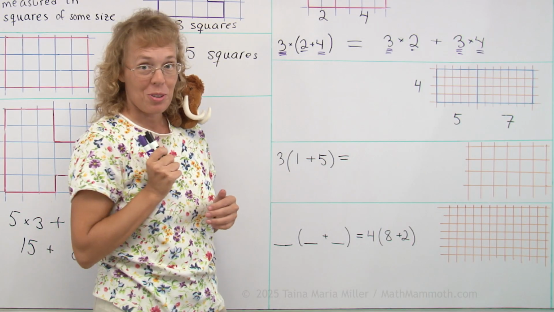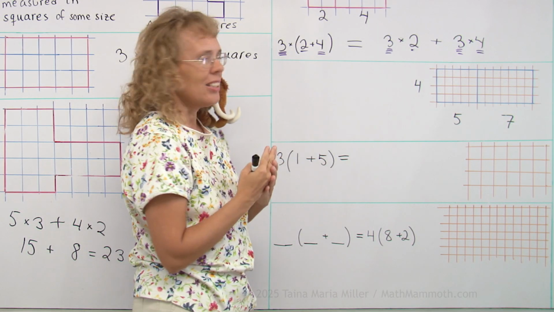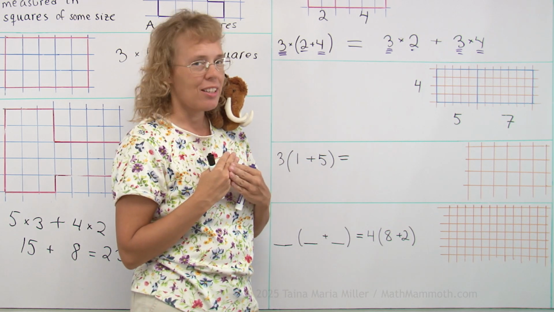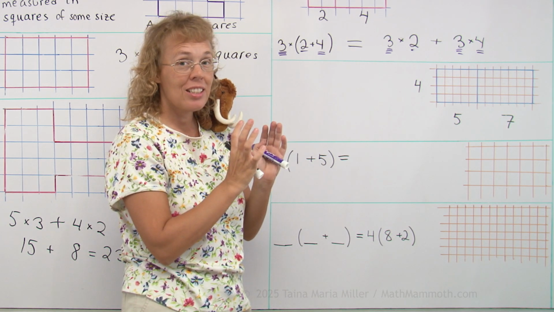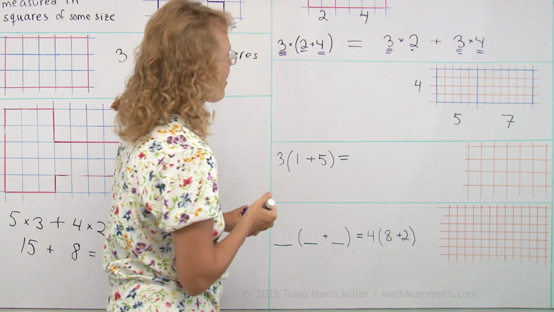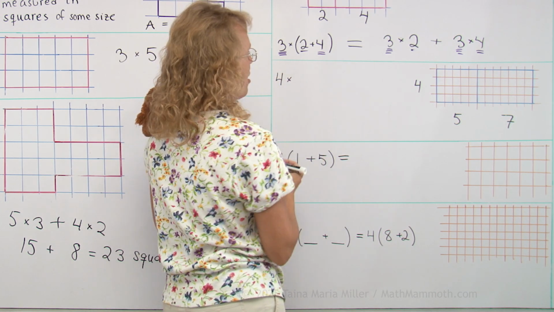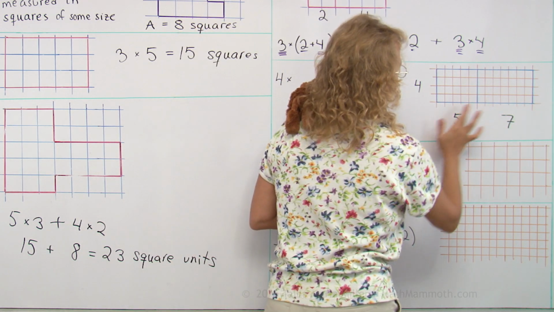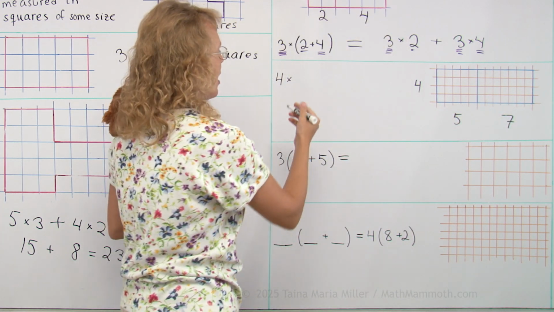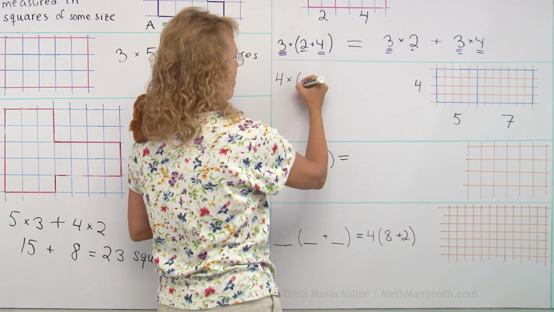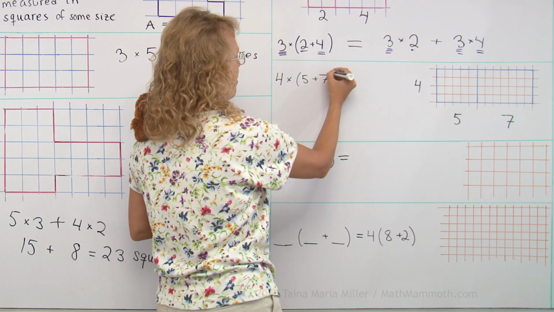Now, let's go on. How do we write a number sentence for the area? First as one rectangle, then as two parts. If I think of it as one rectangle, it is 4 times 12, right? But I'm going to write the 12 as a sum of these two parts, 5 and 7.